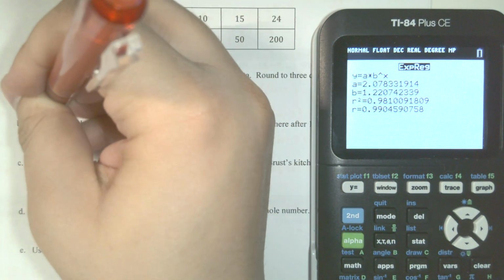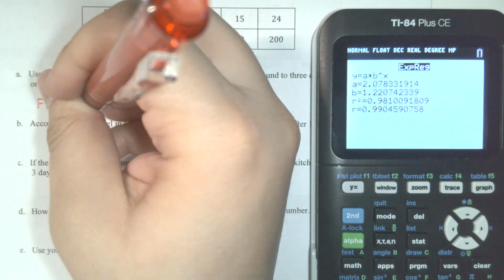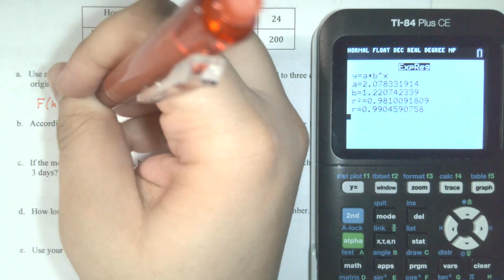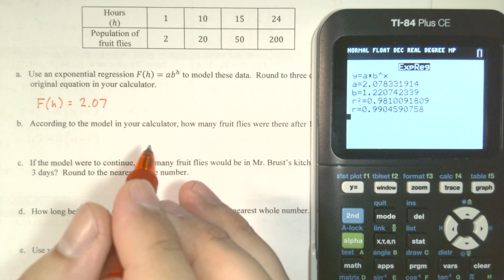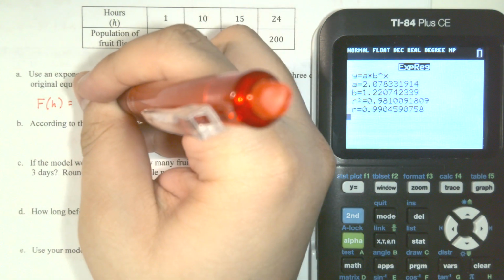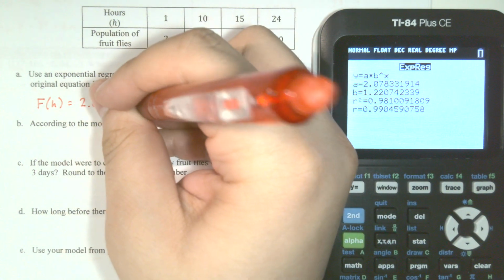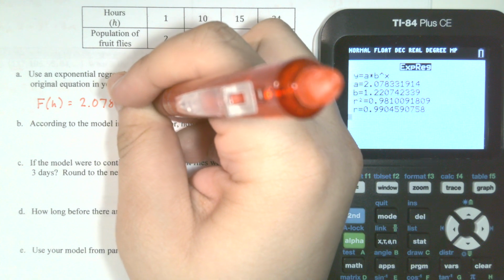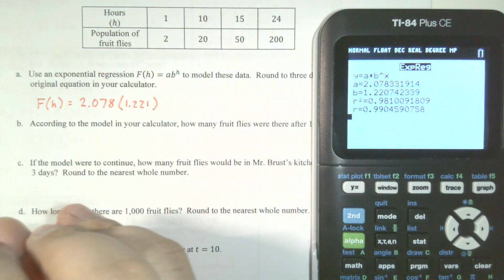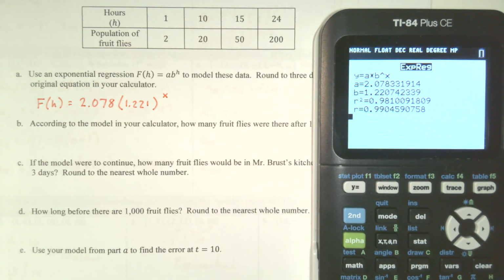So we see that a is equal to 2.07, and since we're being asked to round to 3 decimal places, 2.078. b is going to be 1.221, because we're going to have to round up, and then to the power of x.